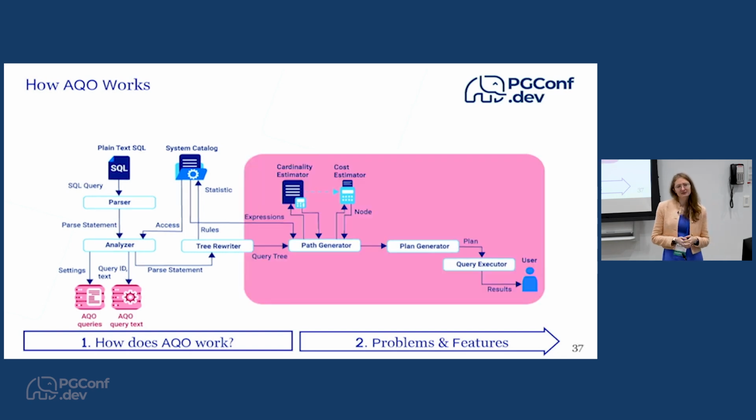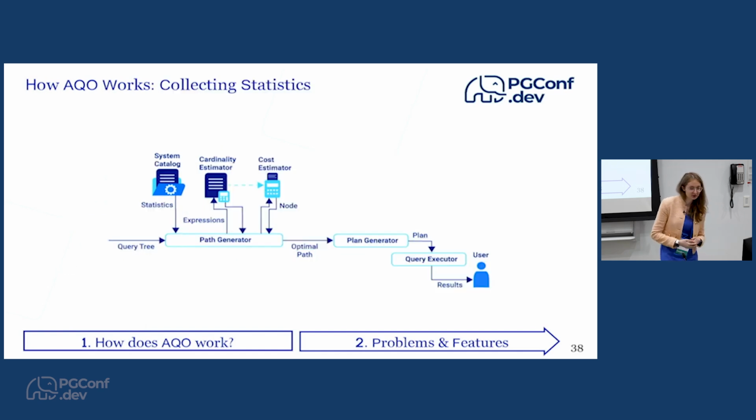But I suggest considering the second part of the optimizer, highlighted in the red square. You can see the path generator. When the path generator tries to generate an optimal path, it needs to estimate cardinality information of nodes, and it uses statistical information about every expression assigned to the nodes.